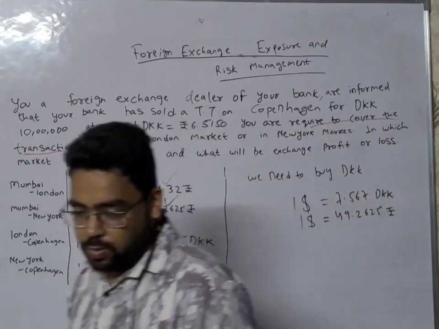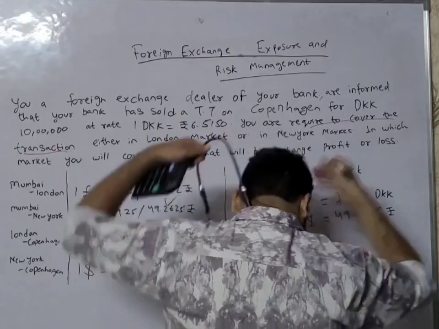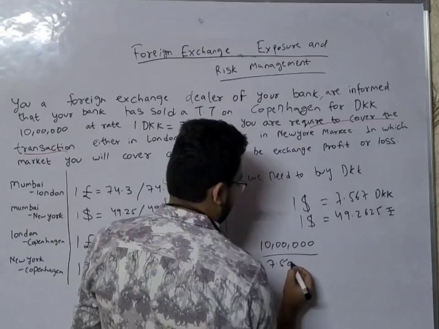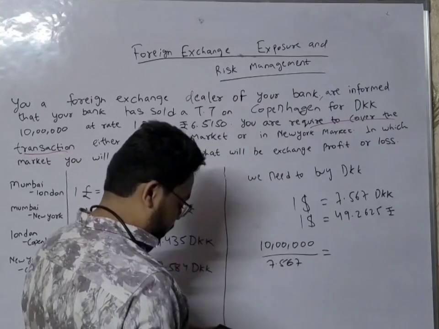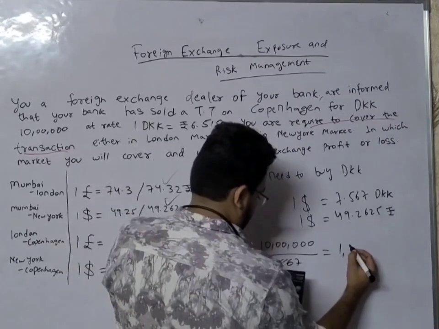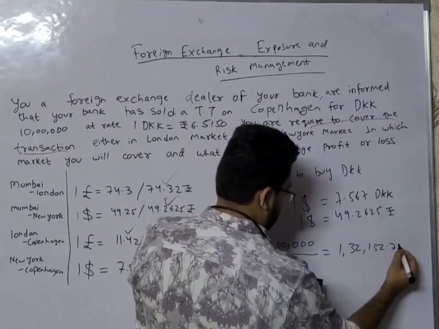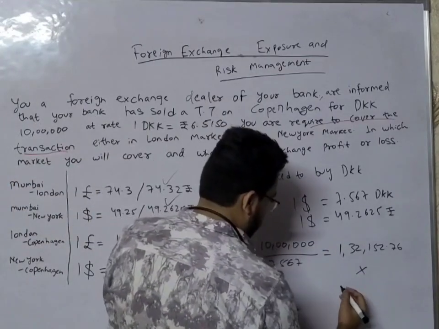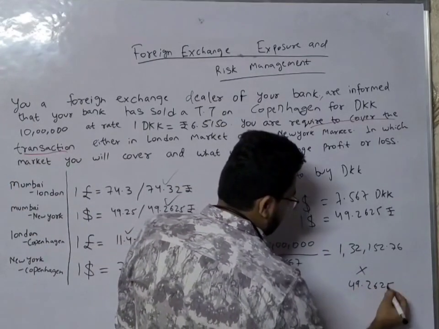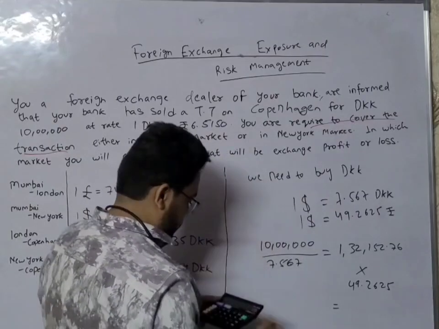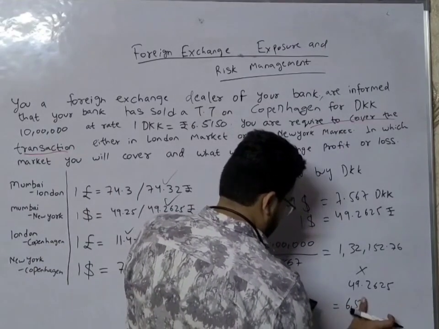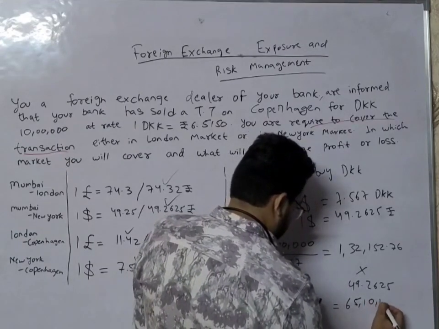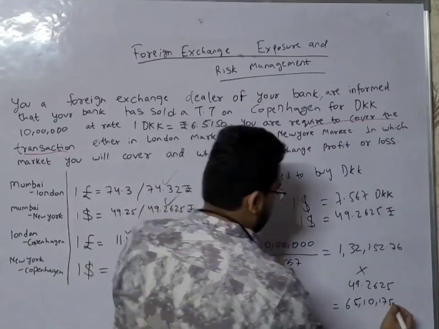Okay, now let's solve this. To buy 10 lakhs DKK, we need to sell this much dollars, and to buy this much dollar, how much rupees do we have to pay? 65 lakh 10,175.76.